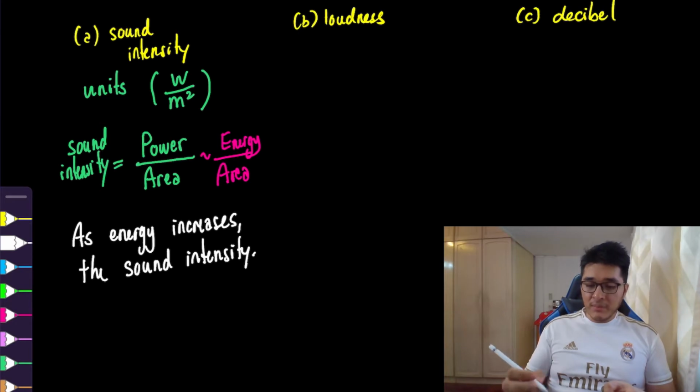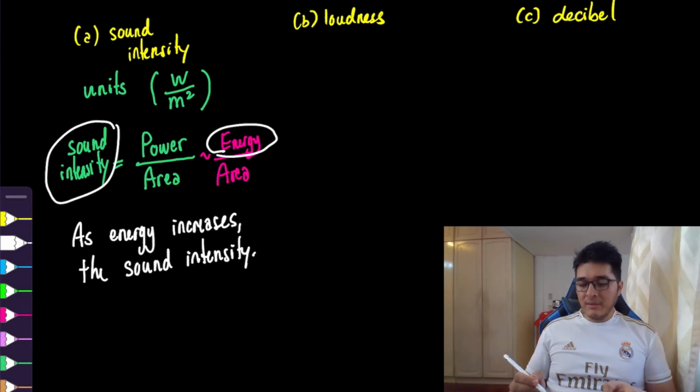Because of the equation, they're directly proportional to each other. As you increase the energy, you're going to increase sound intensity. The reverse will be true too. If you were to decrease the energy, then you decrease the sound intensity.